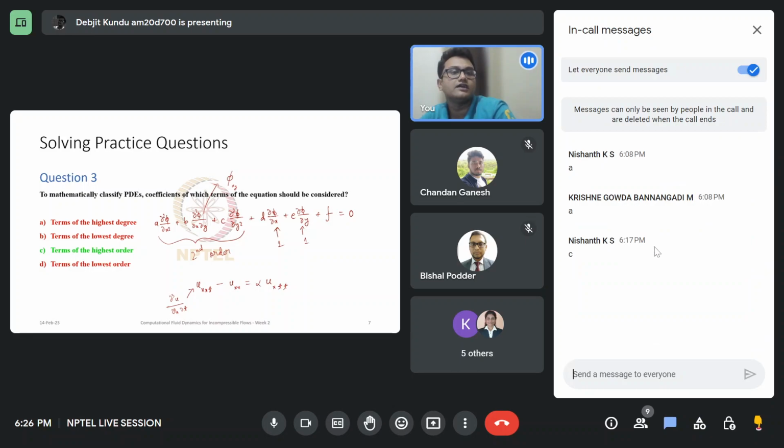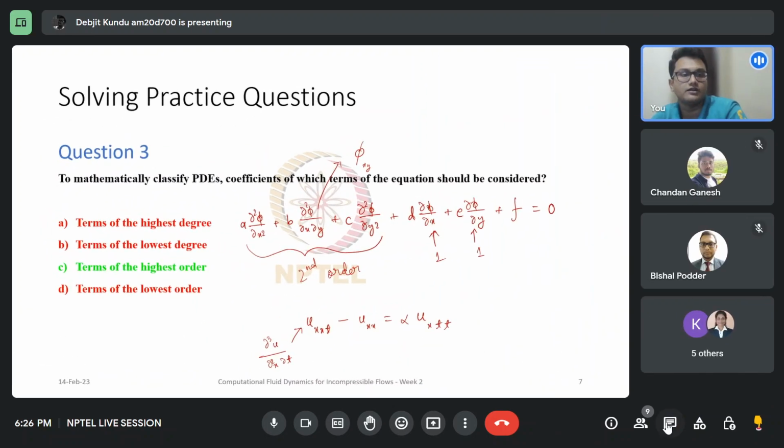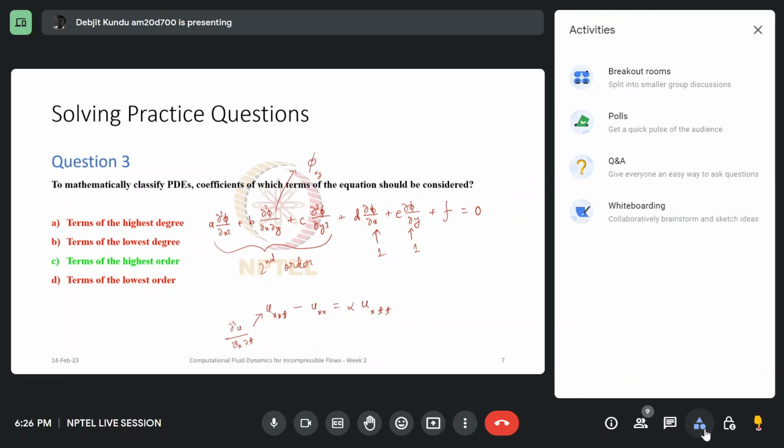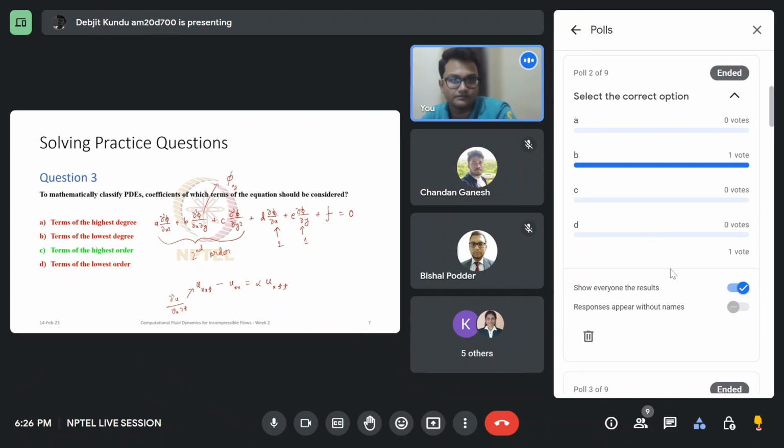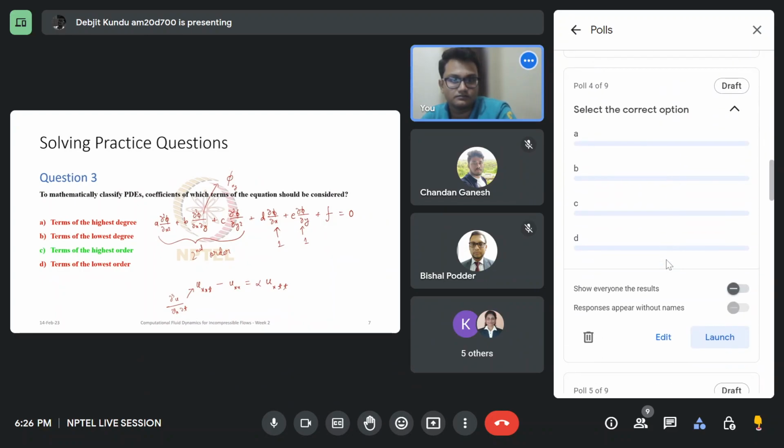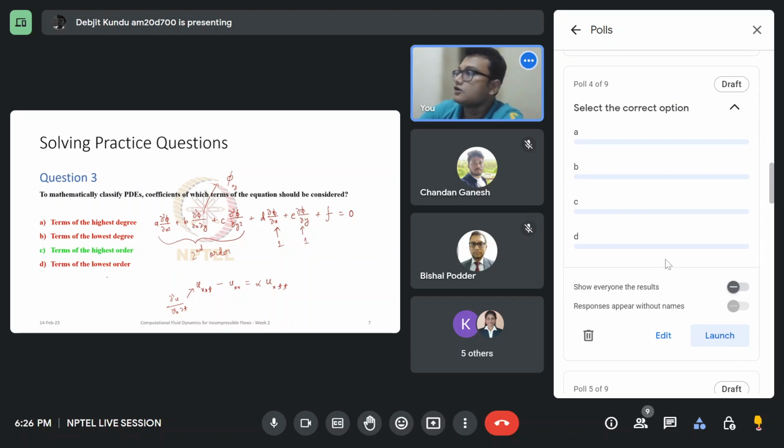You can type in the chat box or you can unmute and answer. It's up to you, however you feel comfortable. So here we have to pick out the terms of the highest order. What is the highest order in this equation? Is it 1, 2, 3?